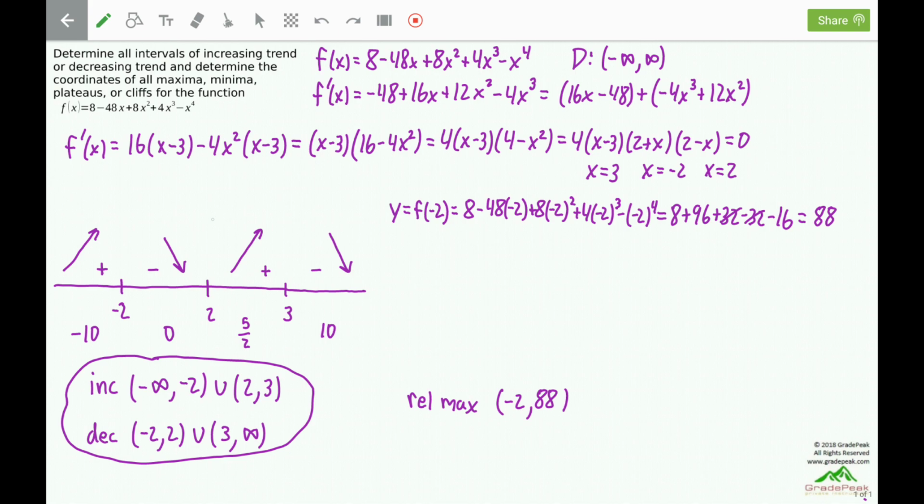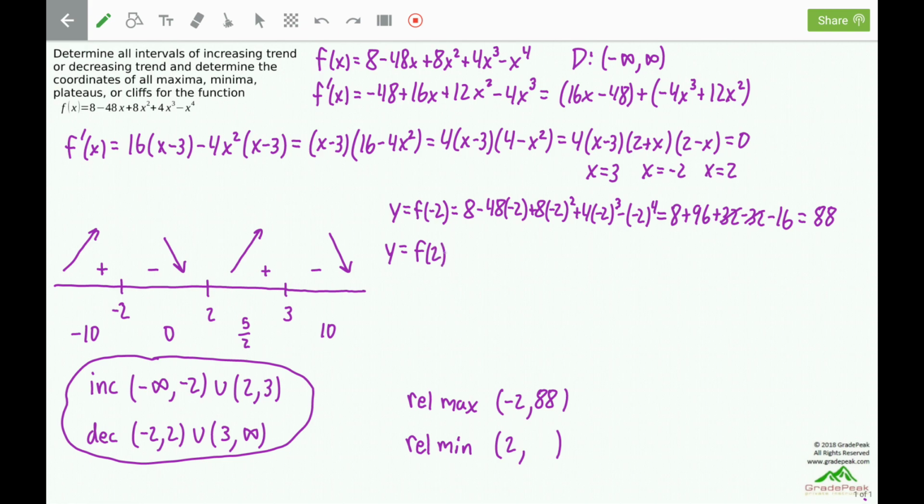At the critical number of x equals positive 2, the trend is changing from decreasing to increasing, so there is a relative min. An x-coordinate of positive 2 and a y-coordinate that can be found by plugging the x-coordinate into the original function.